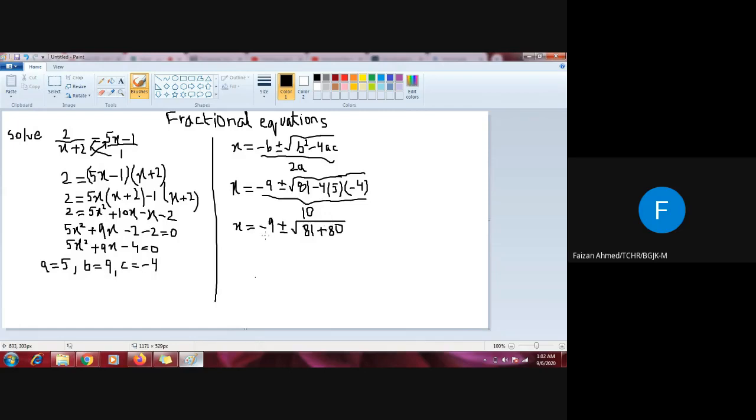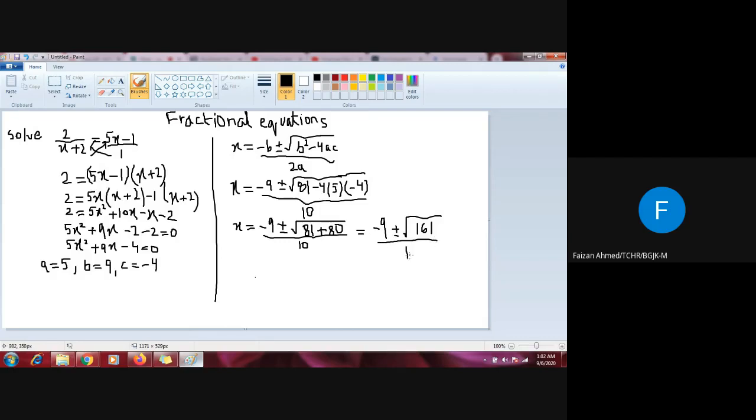And there is a 10 in the denominator. Don't forget to write the 10 in the denominator. I am solving the next step over here. So it will be minus 9 plus minus the square root of 161, divided by 10.